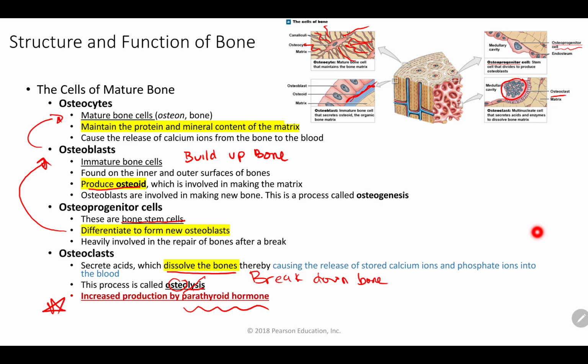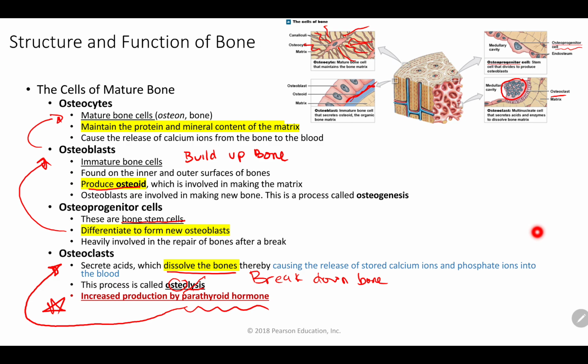So if you have low blood calcium level, you'll release parathyroid hormone. Parathyroid hormone will then go from the parathyroid gland that's located in your neck, go to your bone, target these osteoclasts, and tell them to upregulate, basically. Okay, start breaking down bone a little bit more and put some calcium in the blood so we can bring our calcium levels back up.